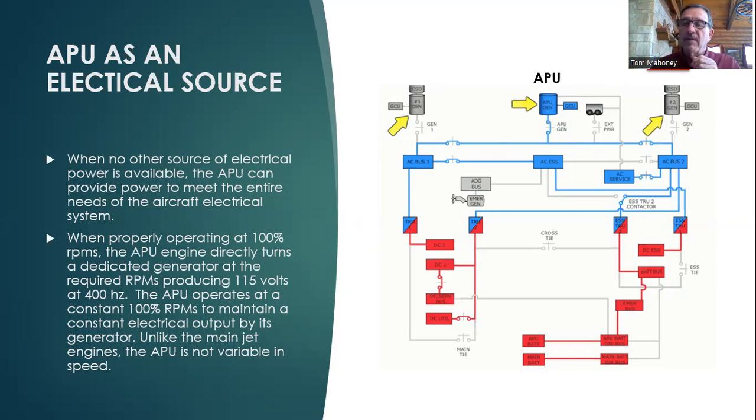Okay, so several things have to happen. The relay here has to close, the relay here has to close. The relays coming from the main engine generators are opened, and that's how electrical power is provided for the electrical system by these relays opening and closing in the correct sequence.